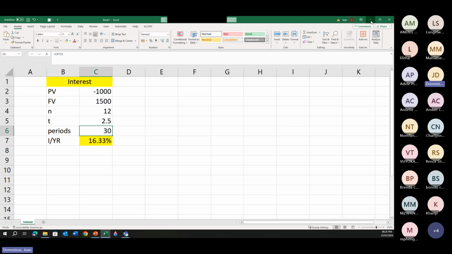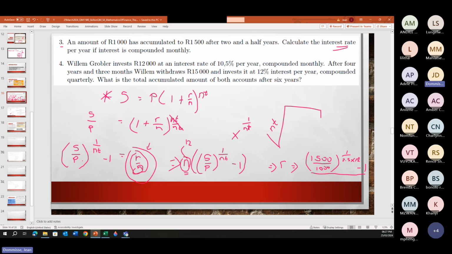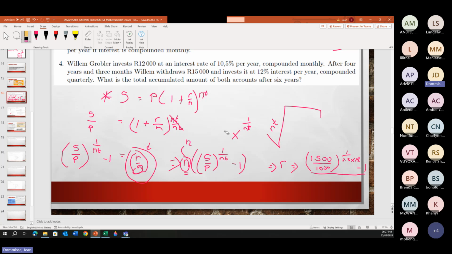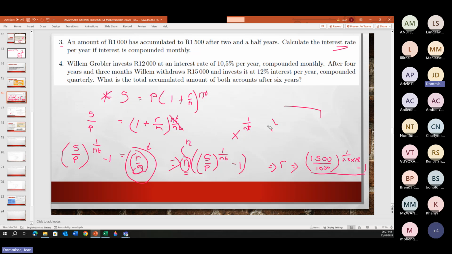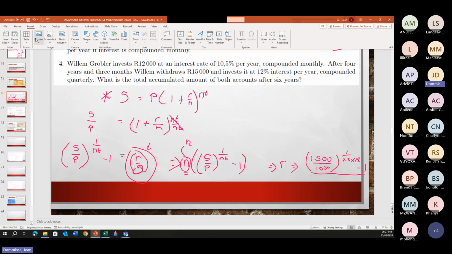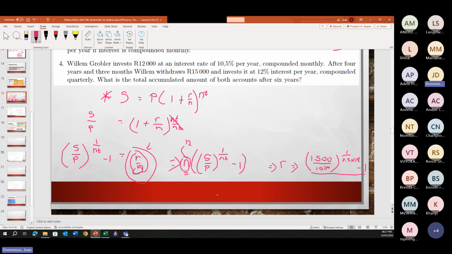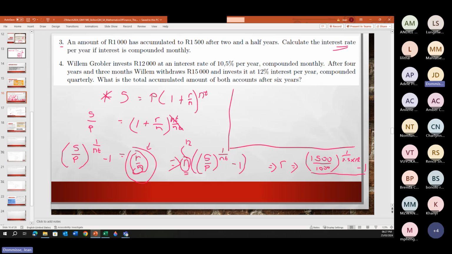What you could also have done on your financial calculator, and I'm now specifically referring to the HP, but it will be nearly exactly the same on the other calculators, is for present value, you would have put in a -1,000. For future value, you will put in 1,500.